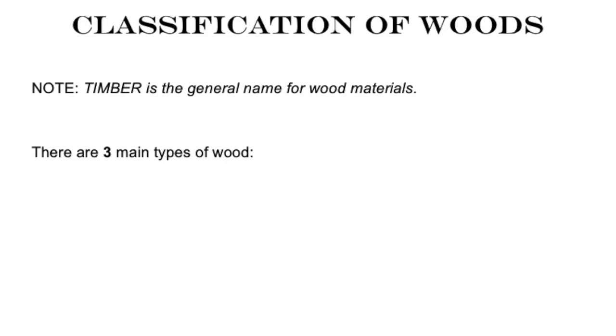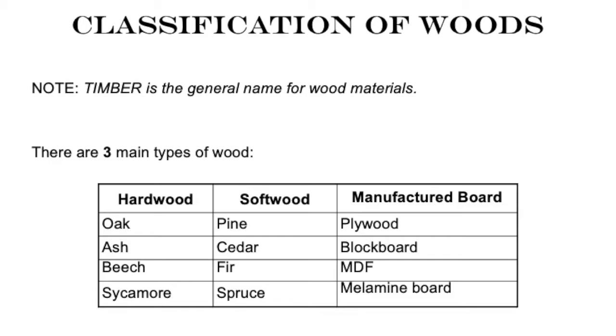Moving on to the classification. There are only three main classes of wood, and these are hardwood, softwood, and manufactured boards.